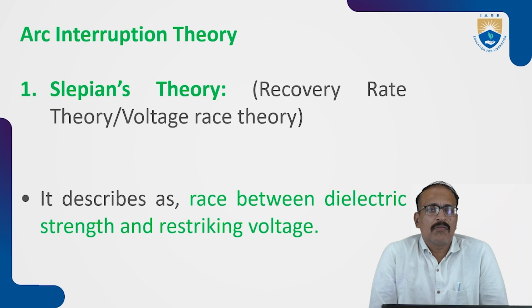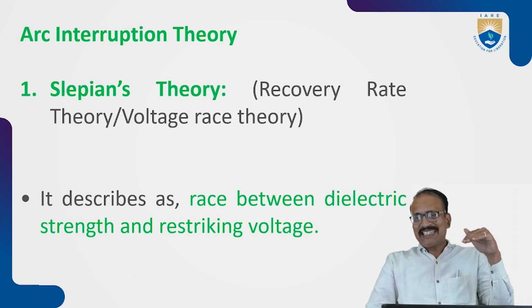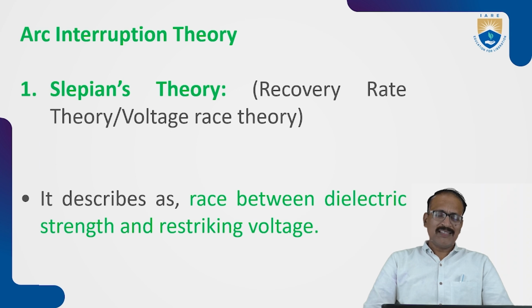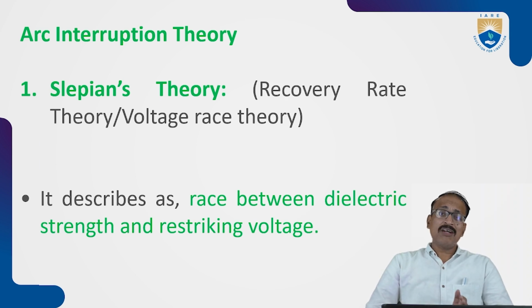But after the arc has extinguished, the dielectric strength has to recover as fast as possible compared to the restriking voltage. If it is slow, then the arc strikes again. If it is faster than the restriking voltage, the arc will not occur again.